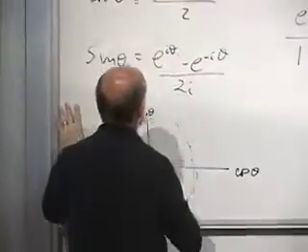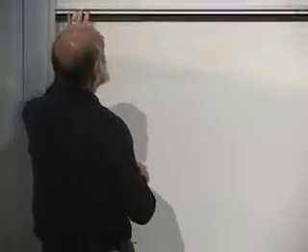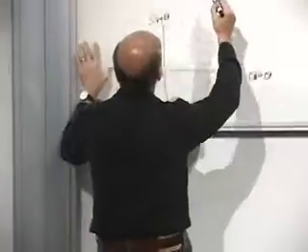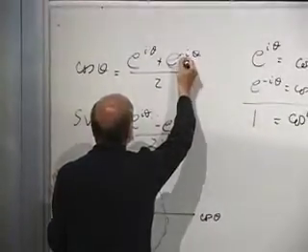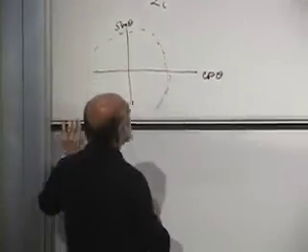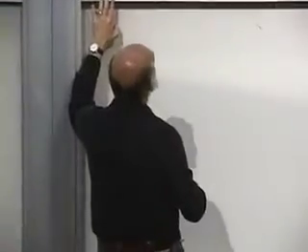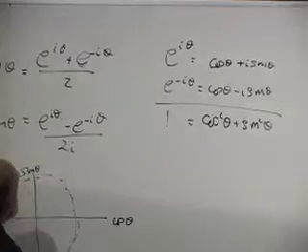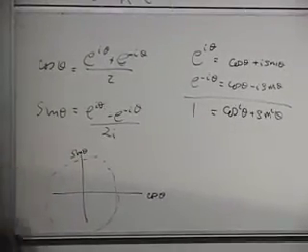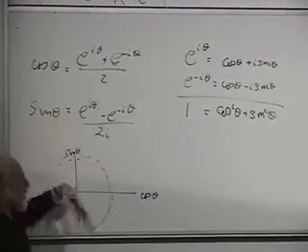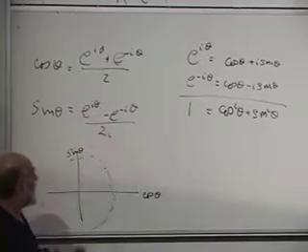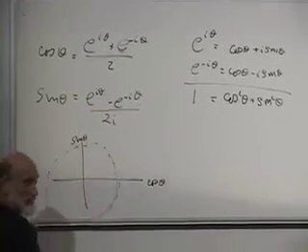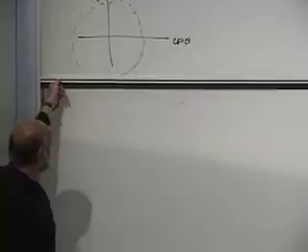Here it is. Okay. Incidentally, does everybody see how I got this side from this side? You just add and subtract the equations appropriately, and you isolate e to the i theta and e to the minus i theta. That's an elementary exercise.